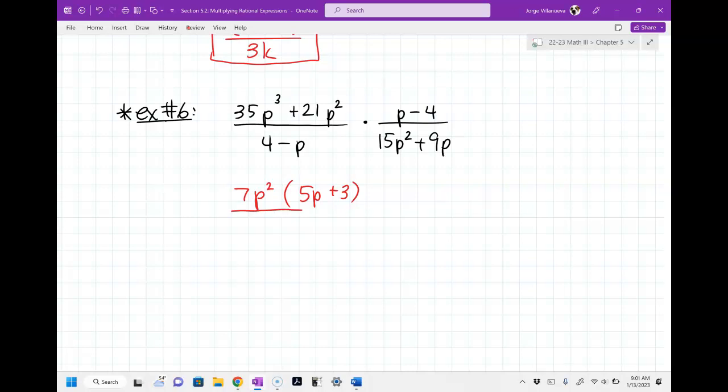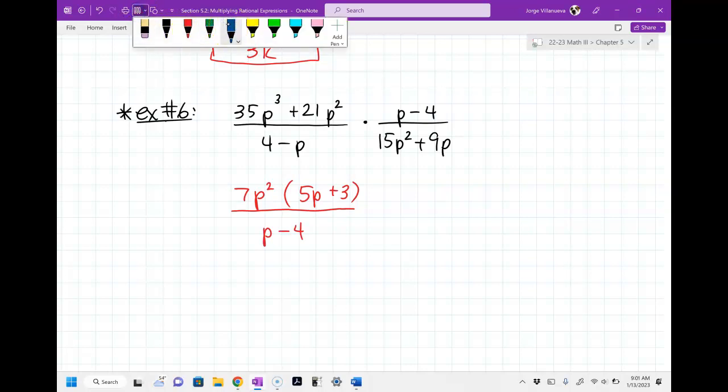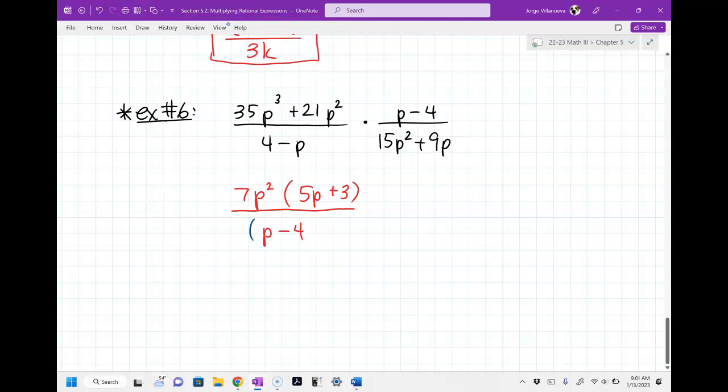Now, to make the bottom left match the top right, I'm going to flip it, p minus 4. Okay, but you're actually not allowed to just flip it. If you put a negative outside, like that, then you can flip it.